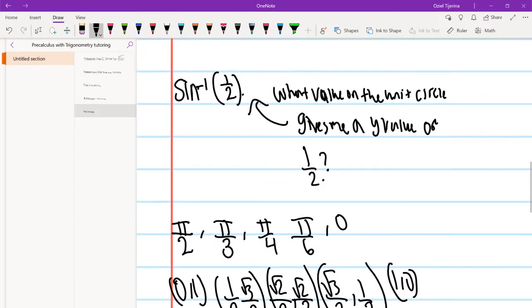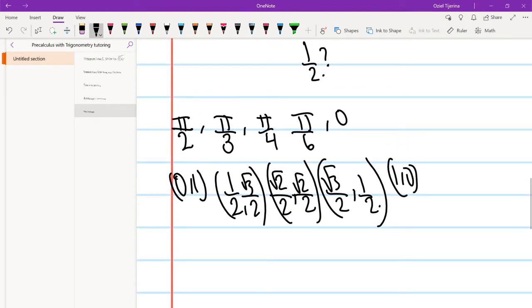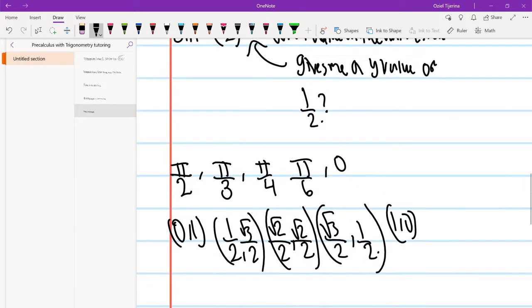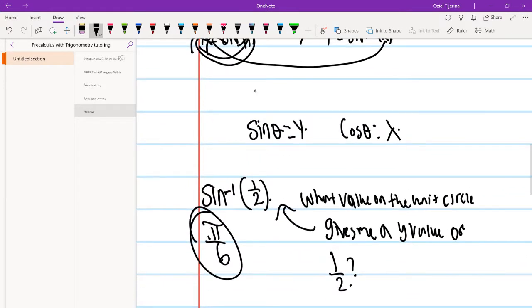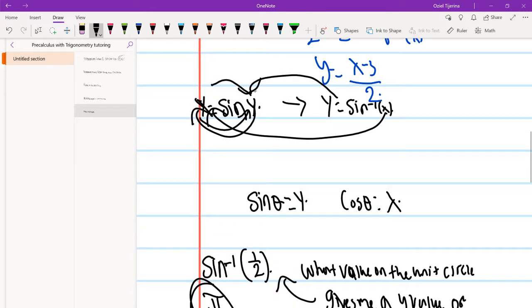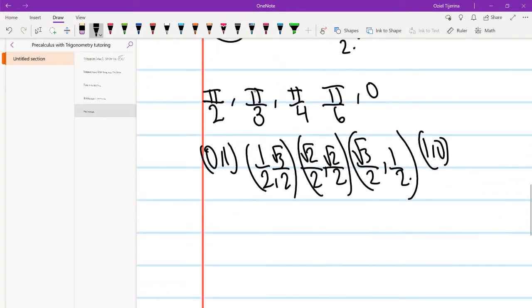So you would do sine inverse of 1/2, and it would be pi over 6, and that would be your answer. So basically, that's kind of how it's done.